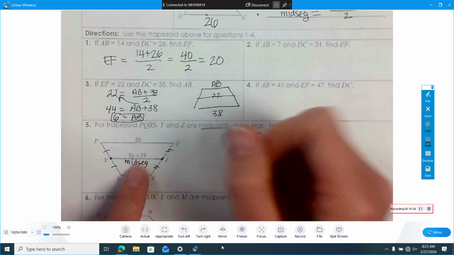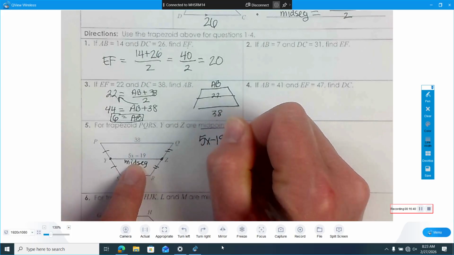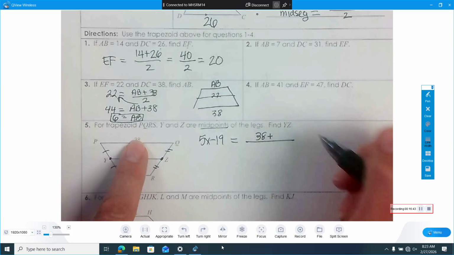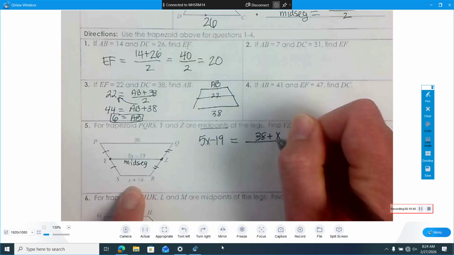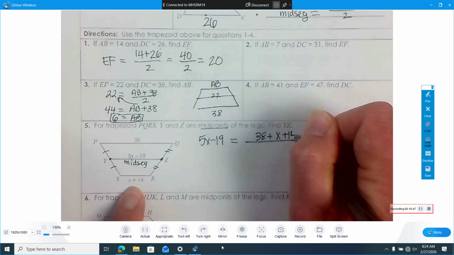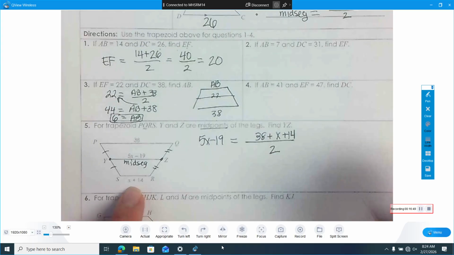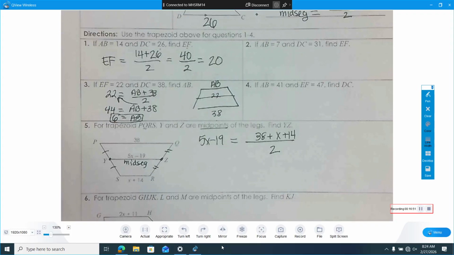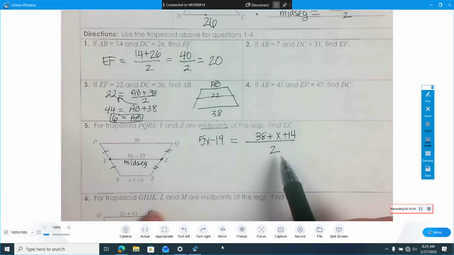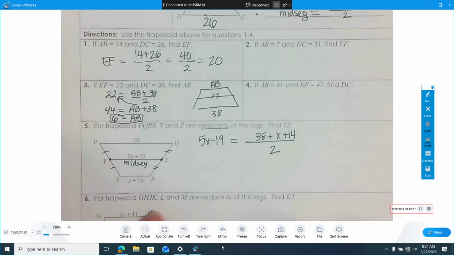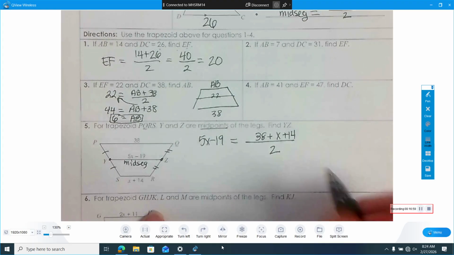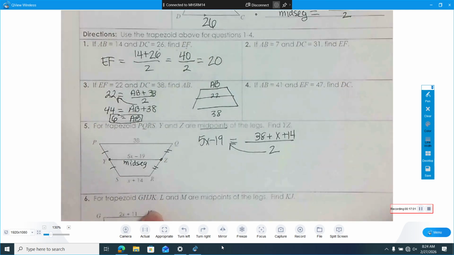Okay, good. So our mid-segment, 5x minus 19, equals top plus bottom, so 38 plus x plus 14 divided by 2. Top plus bottom over 2 equals our mid-segment. Again, what do you want to do to solve for x here? Yeah, let's multiply by 2.